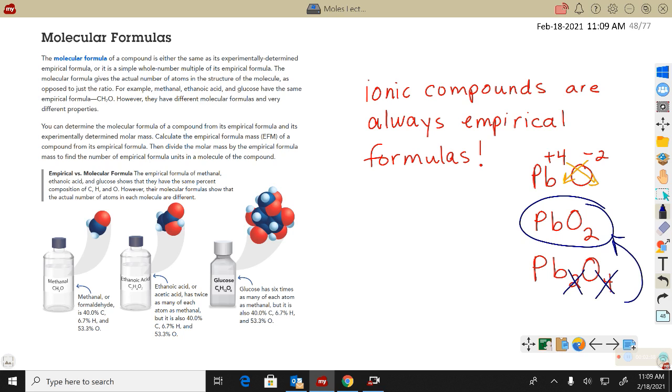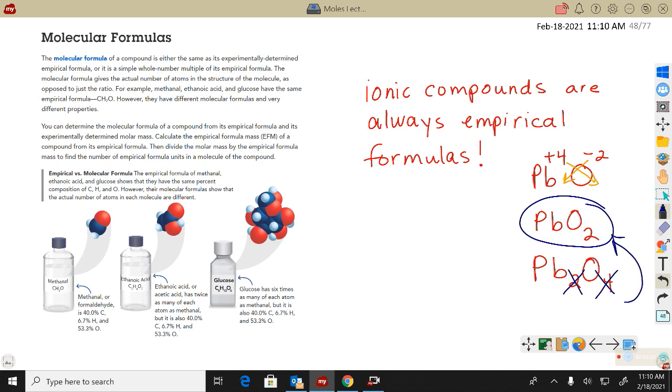That's its real formula, a 1-to-1 ratio of carbon to hydrogen to oxygen.